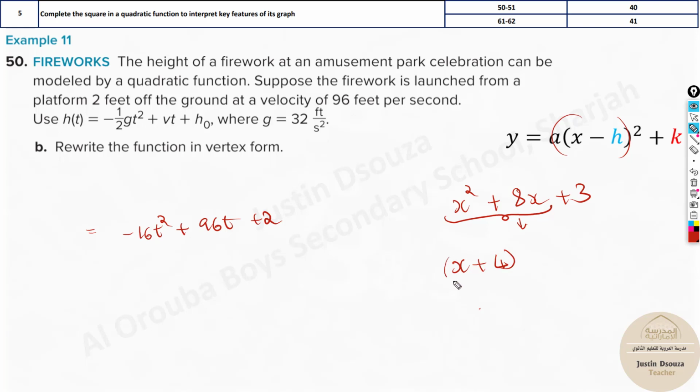So it is 4, the whole square. It's not over, minus the square of this term. Now what's remaining? Plus 3. If you simplify this, it will be (x plus 4) the whole square minus 16 plus 3. When you simplify this, you will get (x plus 4) the whole square minus 13.